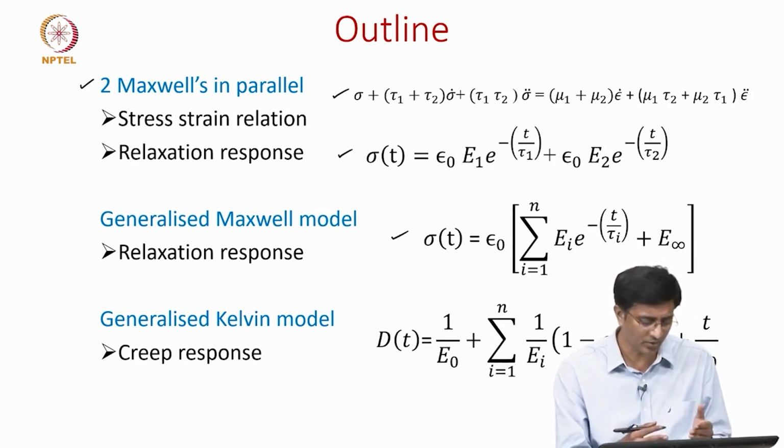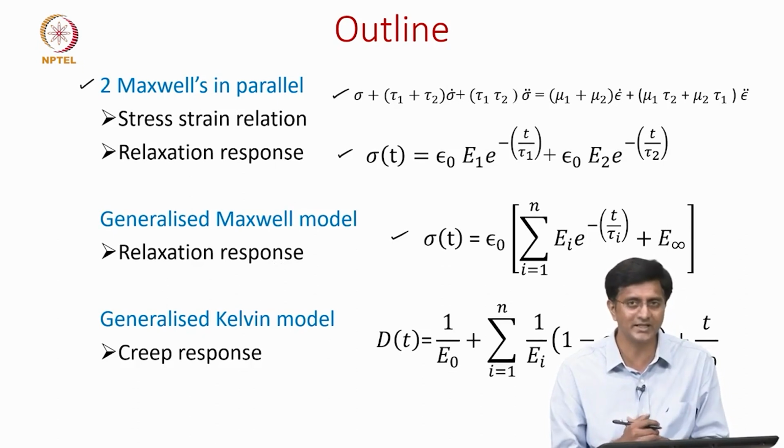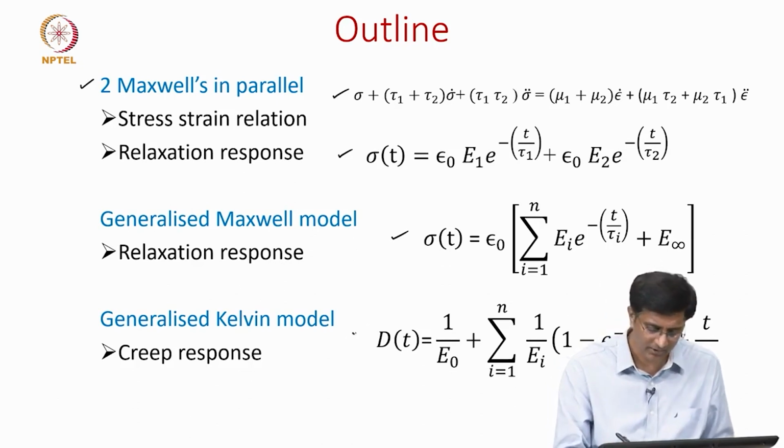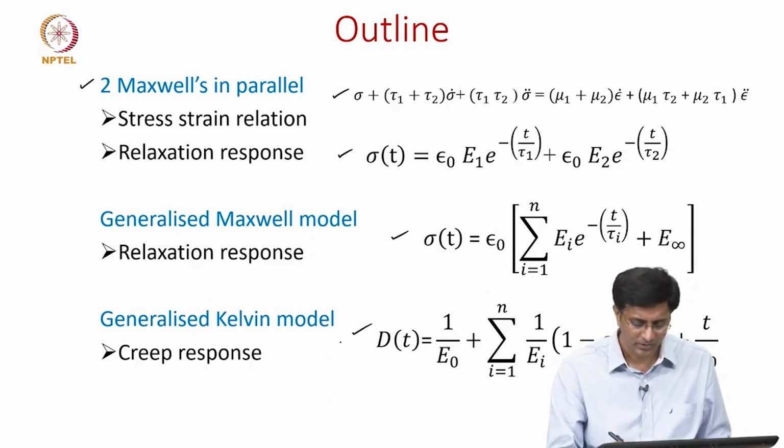And finally, similar to the Maxwell model, we also have a generalized Kelvin model where we have all Kelvins in series. And here is the creep compliance given by D of t.